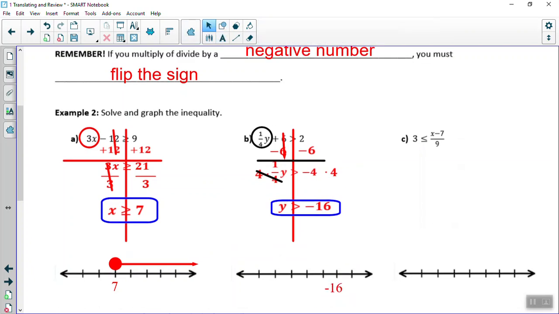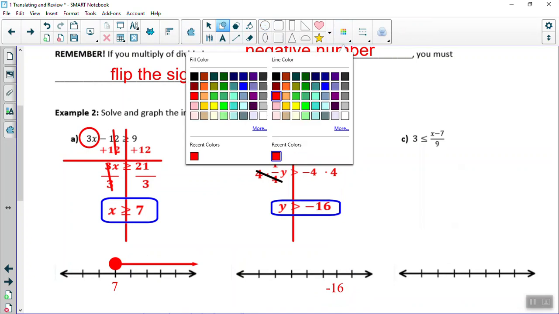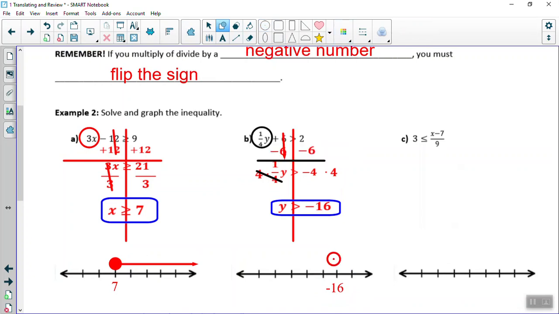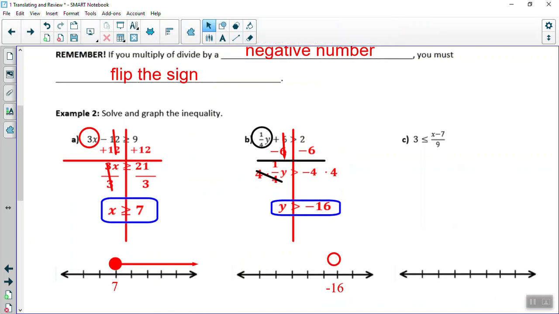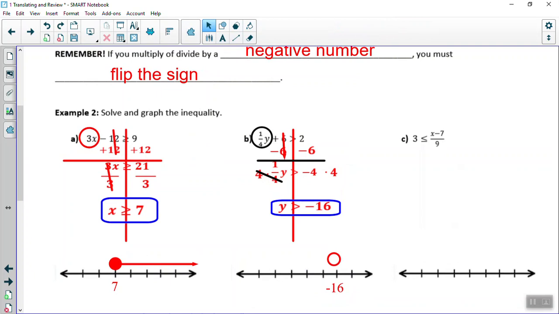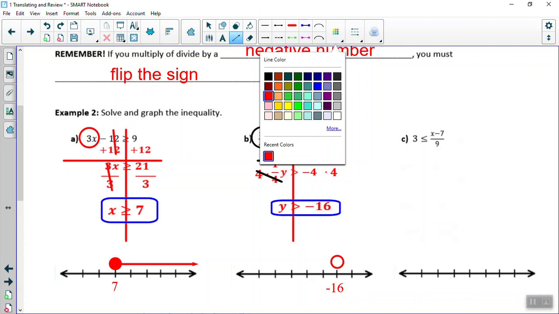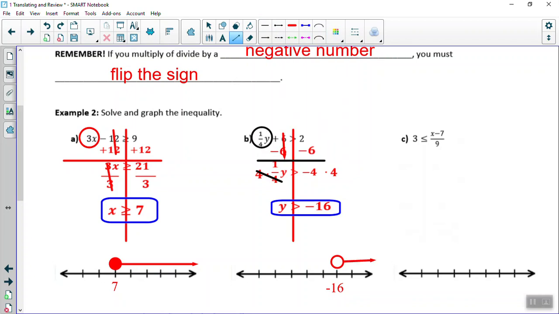This time when I go to put my circle on there, I'm going to do an open circle because it's only greater than. And again, I look at my answer and it's greater than negative 16. So all my values that are greater than negative 16 are going to be to the right, this way here.